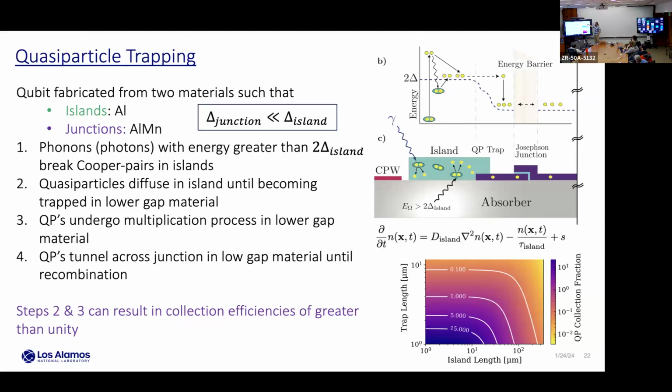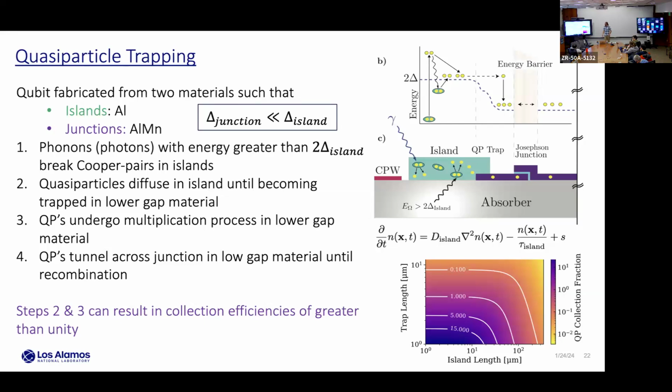And once they're in that lower energy state, they don't have enough energy to exist as free quasi-particles in this island region anymore, and they're now confined to this very small region right next to the Josephson junctions. At that point, we say they're trapped, and they will tunnel back and forth with some probability until eventually they will recombine or go back into the substrate.